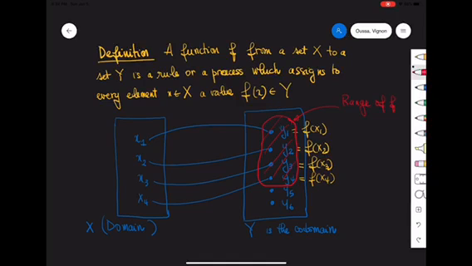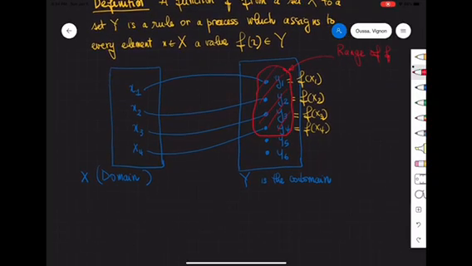And so to be precise here, we saw that for every x in big X, we assign a value to x, which we call f of x.